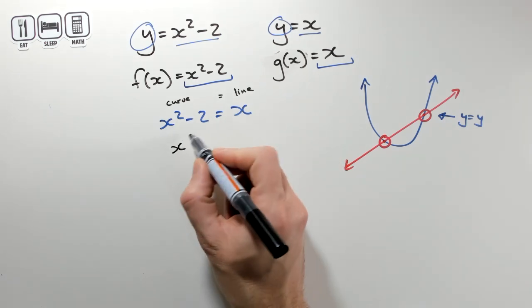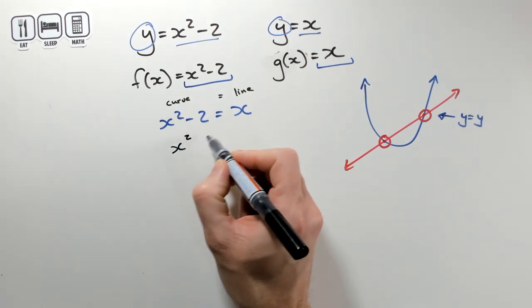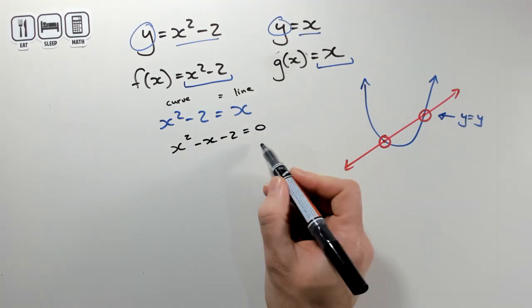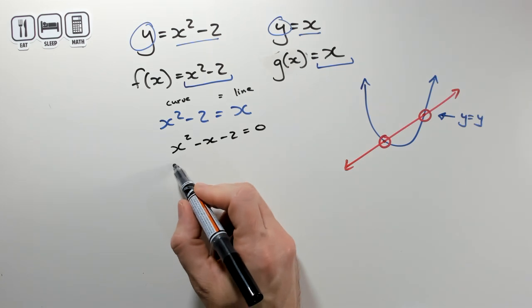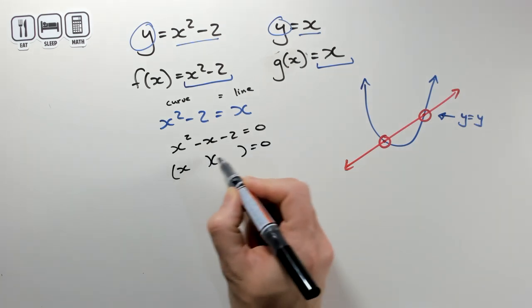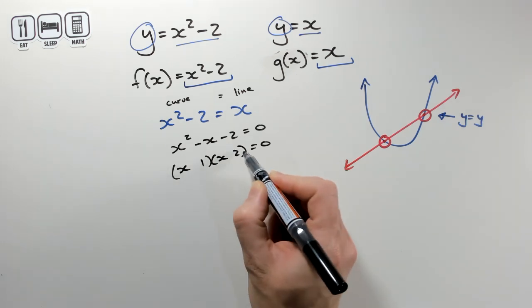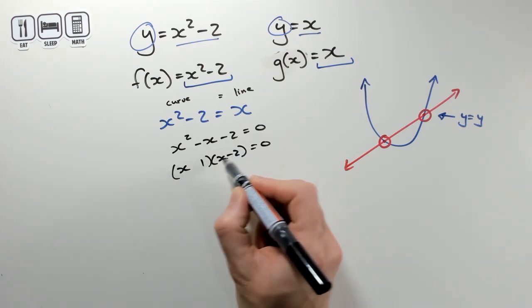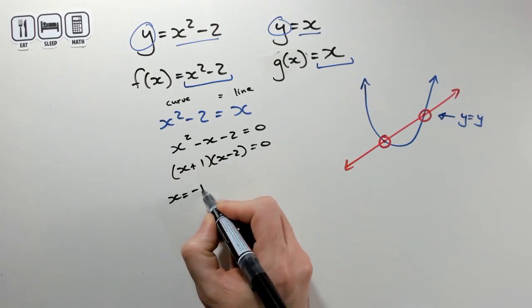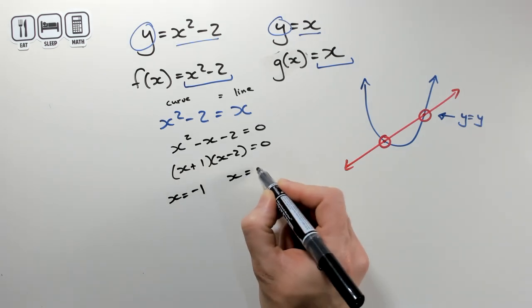So it's x squared minus x minus 2, and then I would solve this, and I'd usually find two x values. In this case, it's going to be negative 1 and 2. So my answers would be x is negative 1 and x is 2.